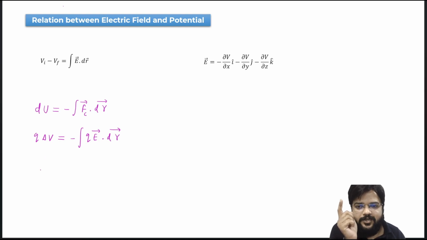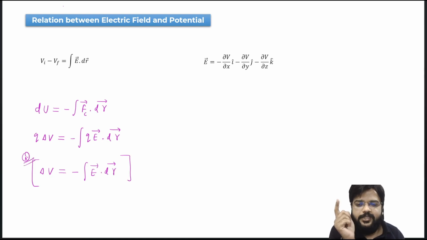Now q will get cancelled out, so we have del V equal to minus E dot dr. This thing we are getting. Now see it everyone, here we have a negative sign. What is the sense of this relation? What is it representing?